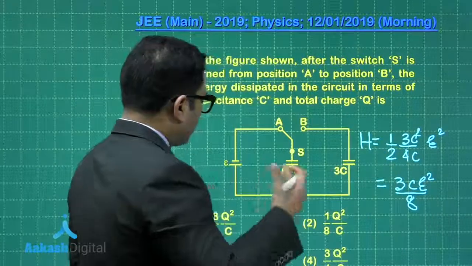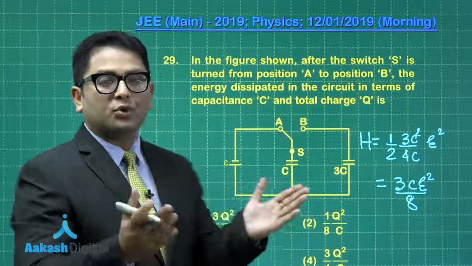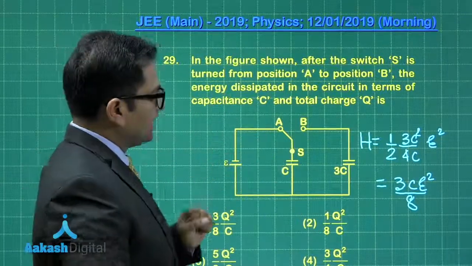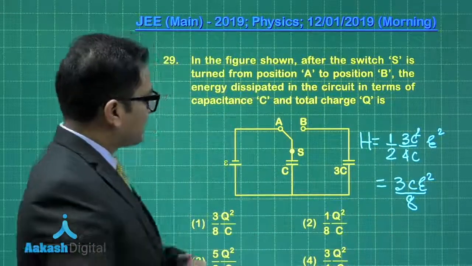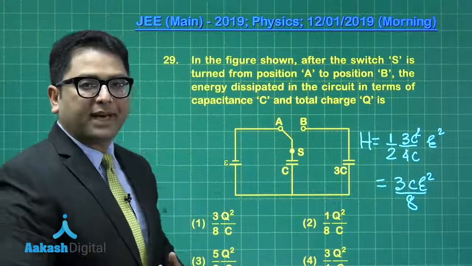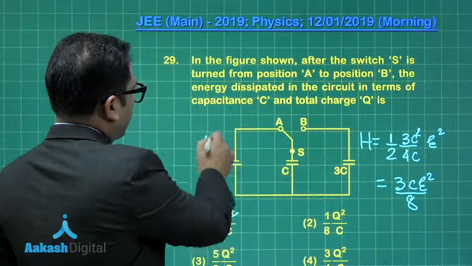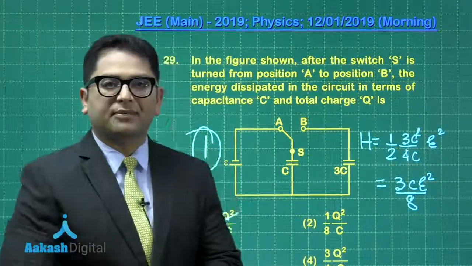But we want this expression in terms of Q. Q is the charge when the capacitor was connected across E, and that is CE. Therefore, this expression comes straight as 3Q square by 8C, just putting Q equals CE. So option number 1 stands out to be correct for question number 29.